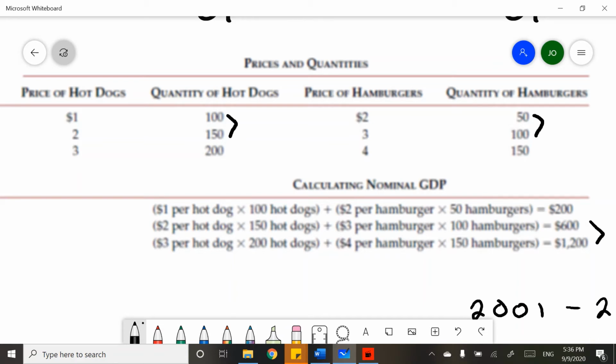What the nominal GDP data is calculating is not only the increase in production, but it's also catching the increase in prices. So we need a way to eliminate the changes in prices. So we have to figure out the real information. And this is why we need to figure out our real GDP.